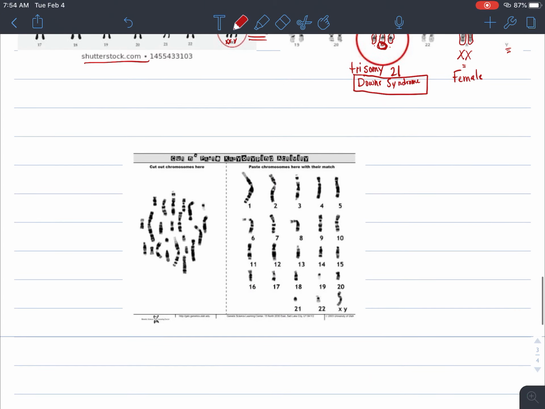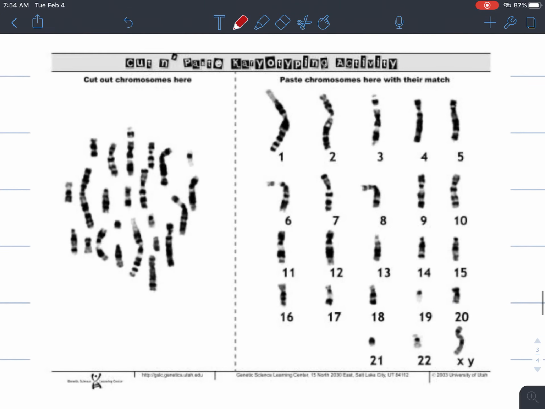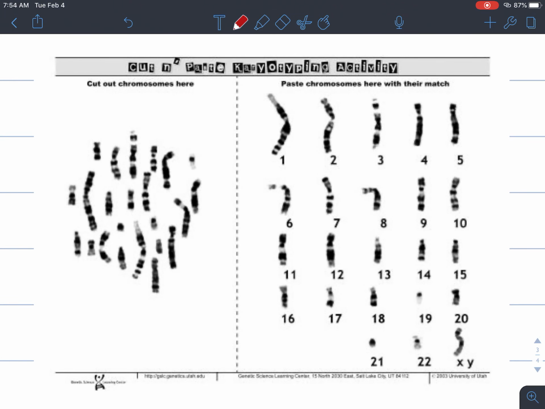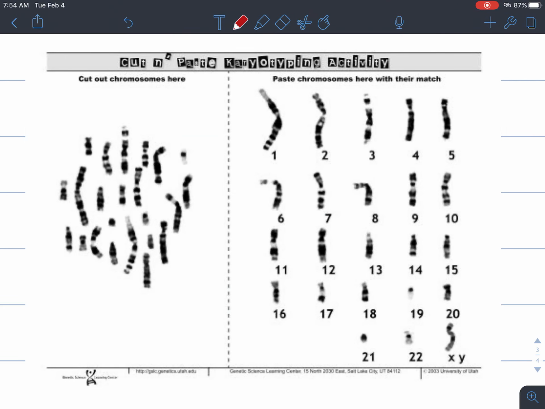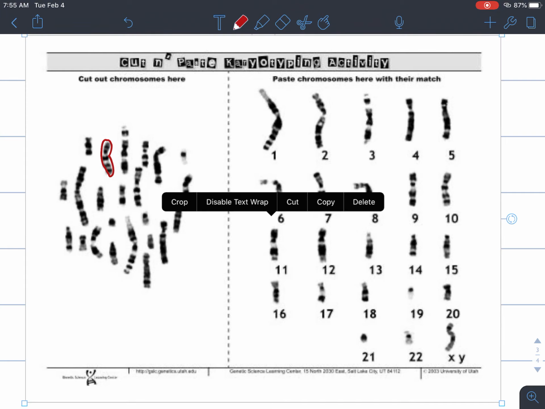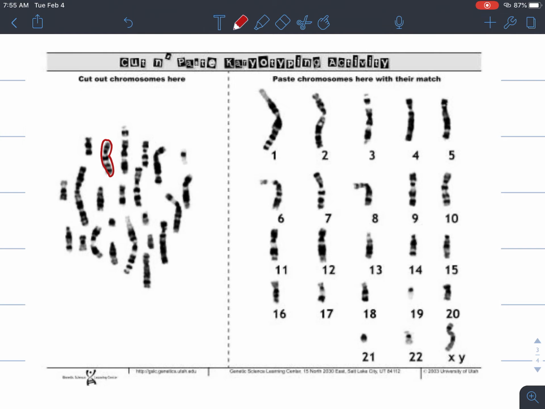And so what I'm going to ask you to do is try to solve this karyotype. You'll find this page in the extras bin, and it's your job to cut out each of these chromosomes and find the place in which it would match up with the one next to it over here on the right side. It can be a little bit of a challenge because some of these are kind of small or long, or they have some kind of clear pieces here.